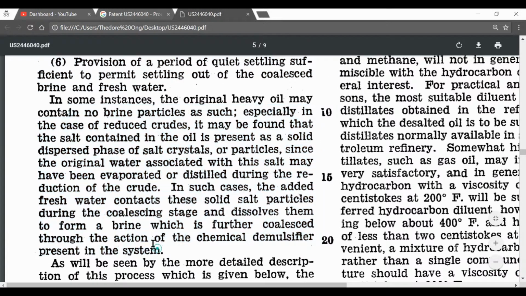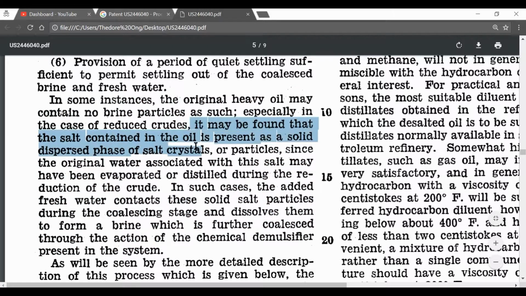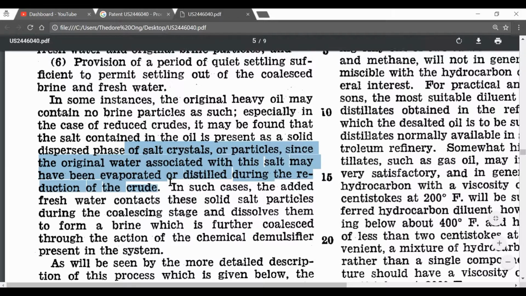So in some instances, the original heavy oil may contain no brine particles, especially in the case of reduced crudes. We found that the salt contained in the oil is a solid dispersed phase of salt crystals, especially since the original water may have already been evaporated.